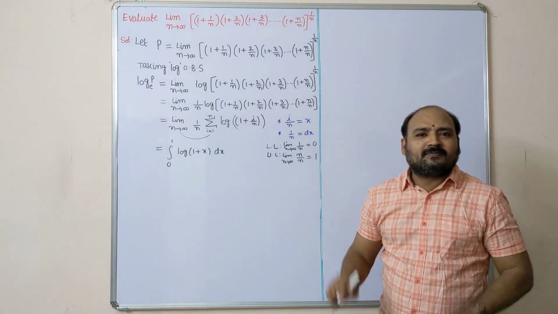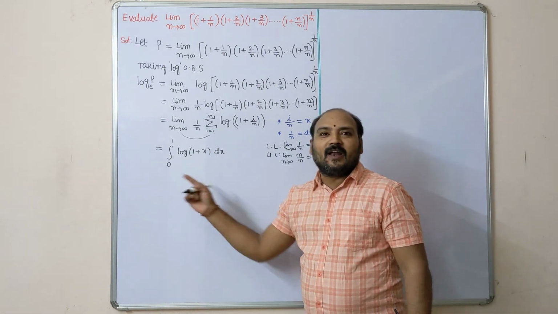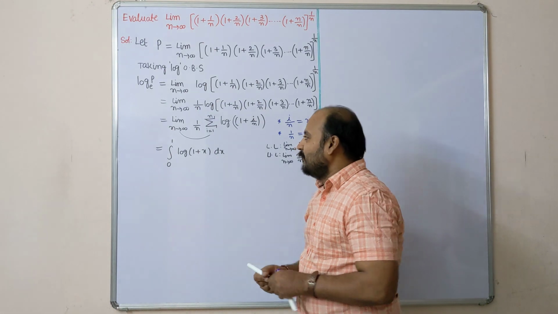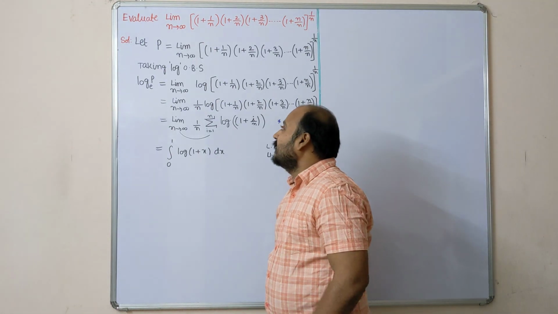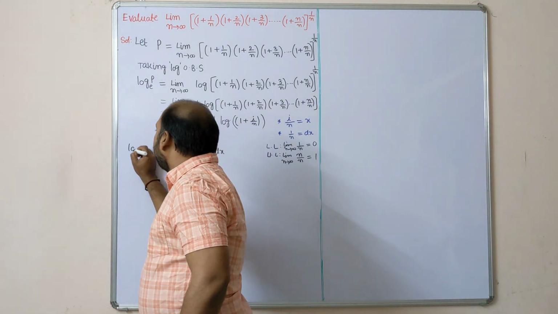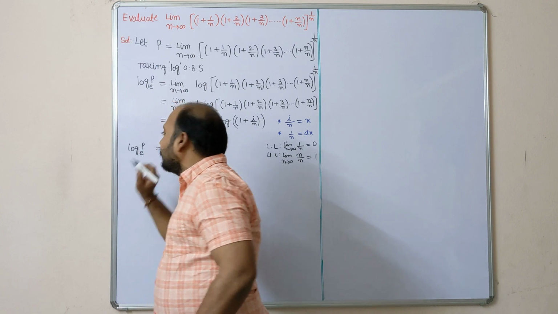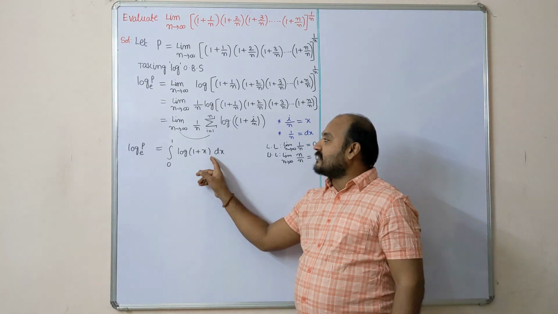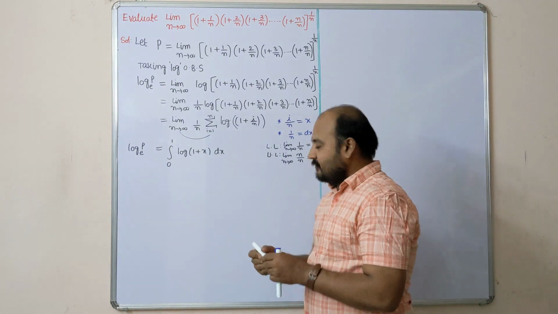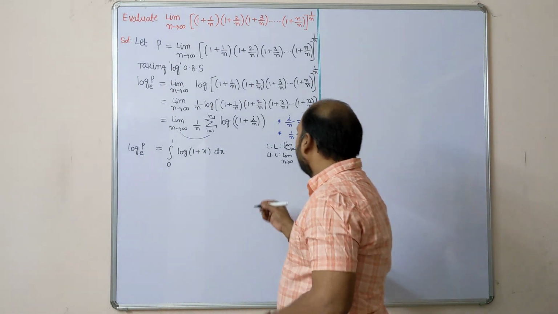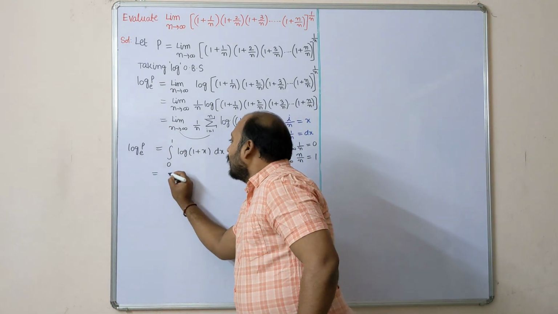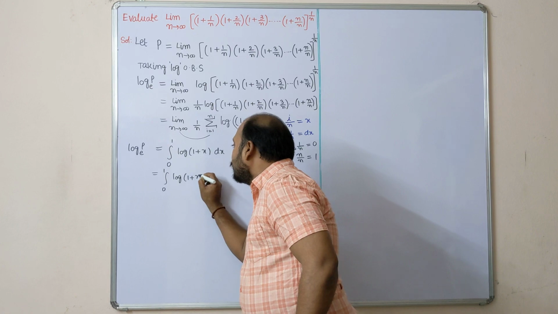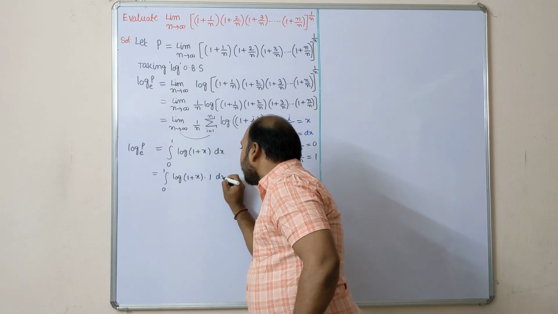Everyone understand now? Integral of log is there. Integration by parts you can take, dear students. We know that in the procedure of integration, this completely gives the value of log P to the base e, which is integral 0 to 1 of log of 1 plus x dx. Here, integral 0 to 1 of log of 1 plus x into 1 into dx.